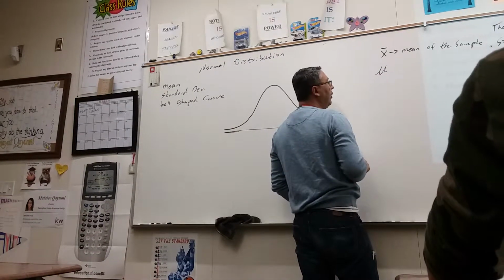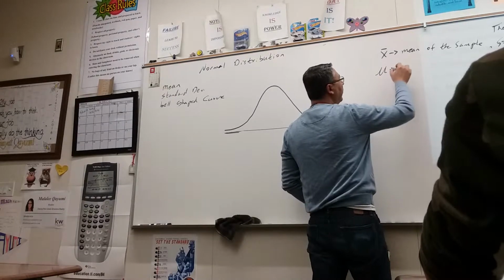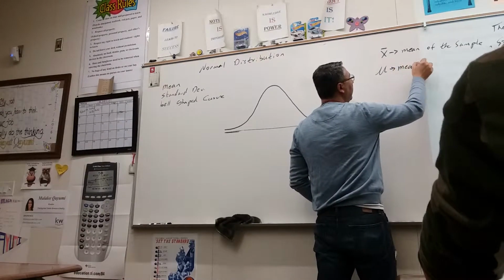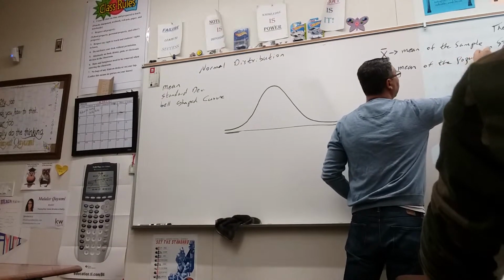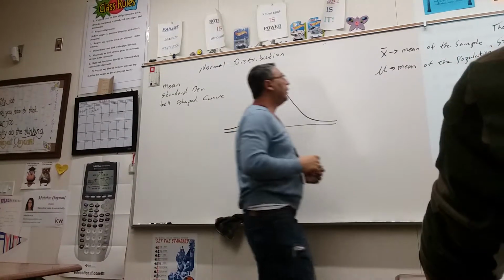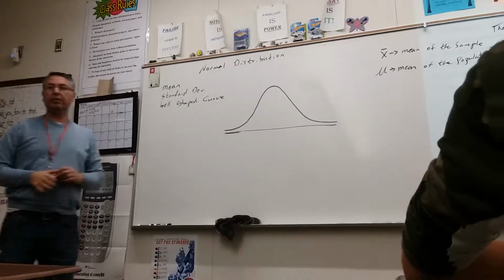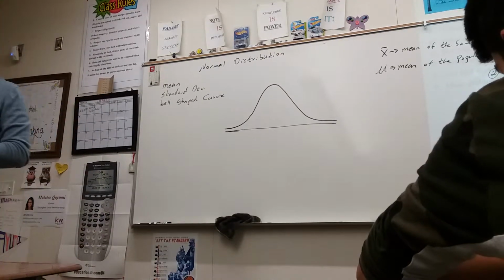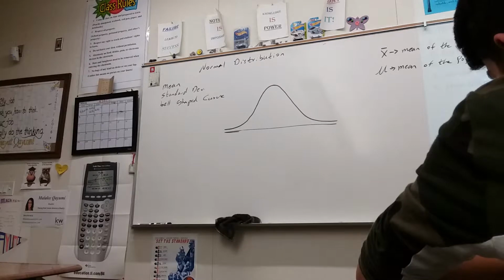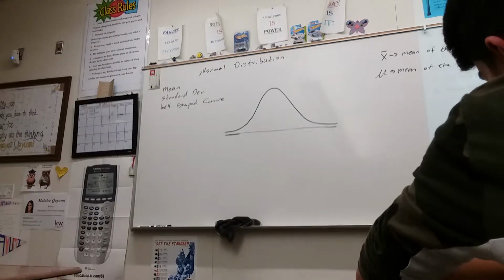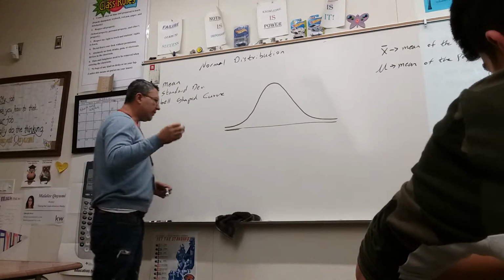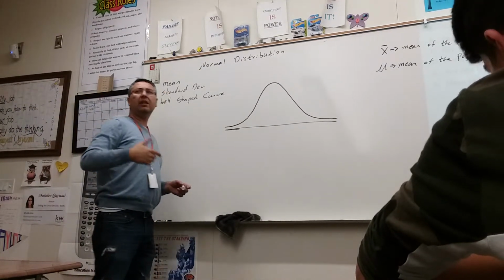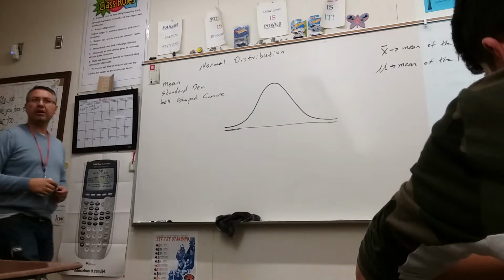This is called mu, and mu is also the mean, but this is the mean of the population. So when we're talking about the mean of the sample, typically you will see x bar. And when you're talking about the mean of the population, typically you'll see mu. Regardless of which symbol you see, they both mean the average or the mean of the data.